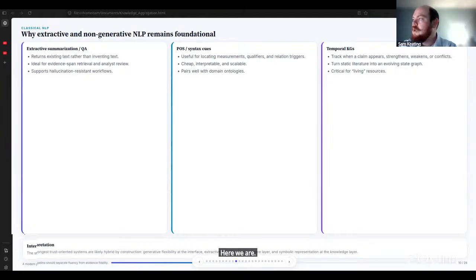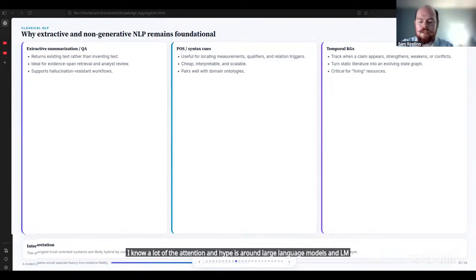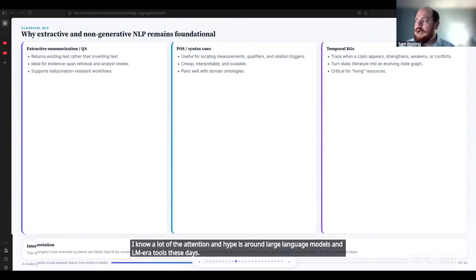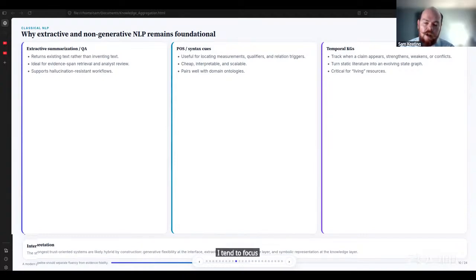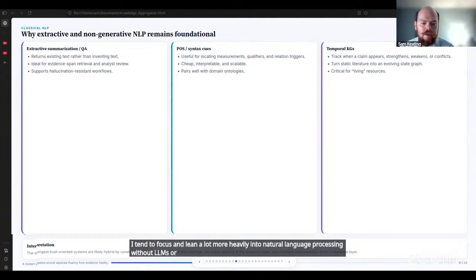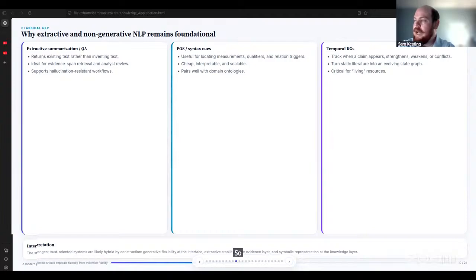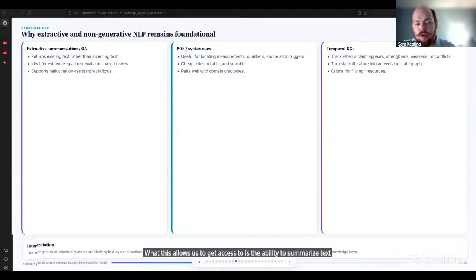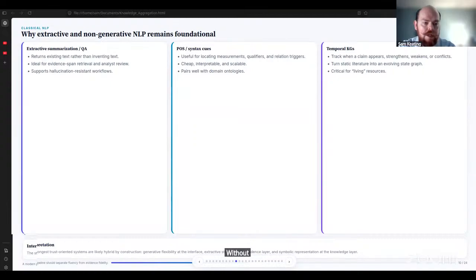Here we are. So I know a lot of the attention and hype is around large language models and LLM era tools these days. I tend to focus and lean a lot more heavily into natural language processing without LLMs or foundation models even. So what this allows us to get access to is the ability to summarize text algorithmically in high throughput without having to risk hallucination, without even requiring any generation of new text.